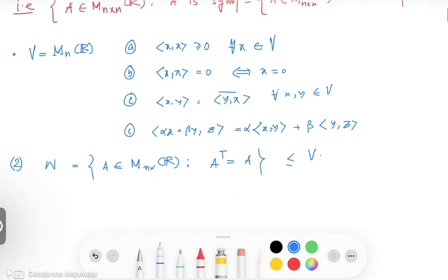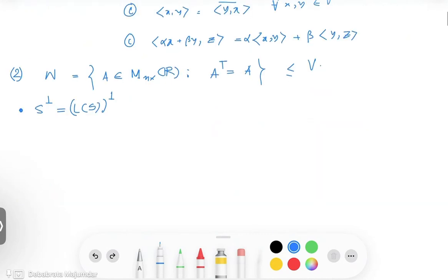There exists a theorem which tells us that this pair and this pair both are the same. But we don't know what the pair of this set is. So now we are interested in the W pair. So what is W pair?